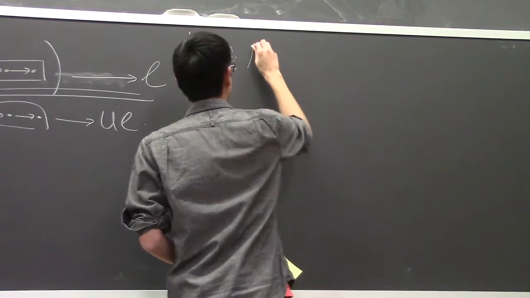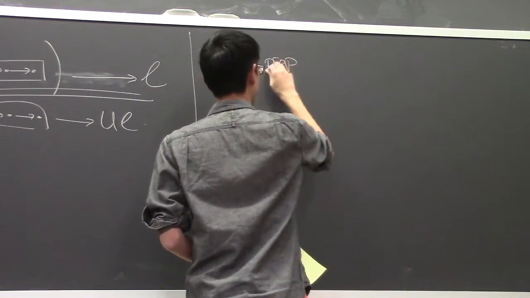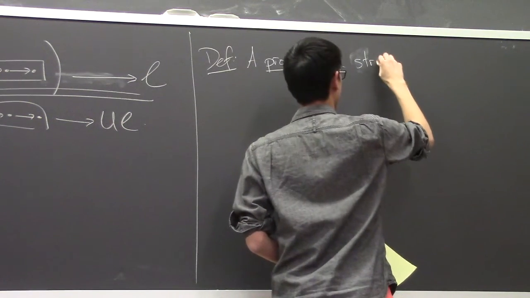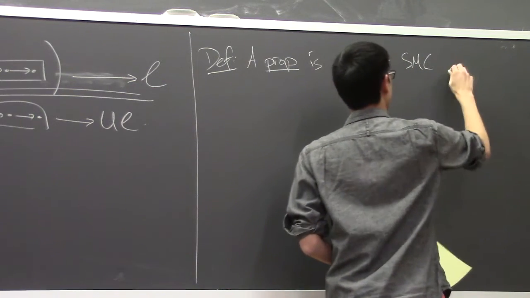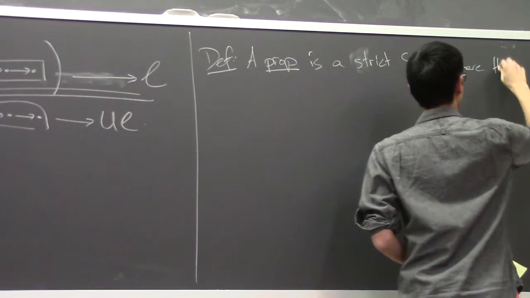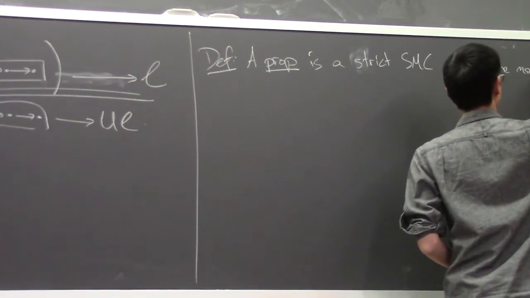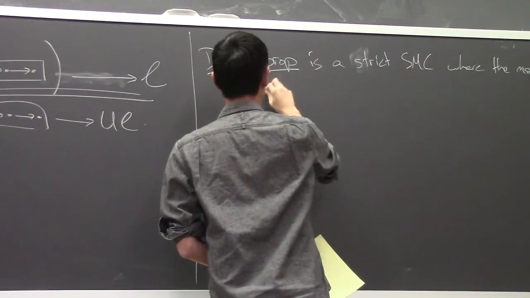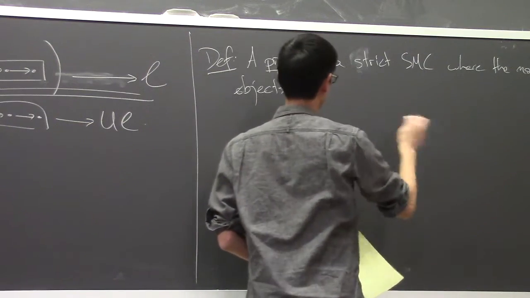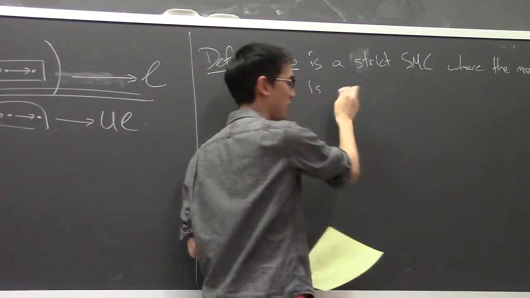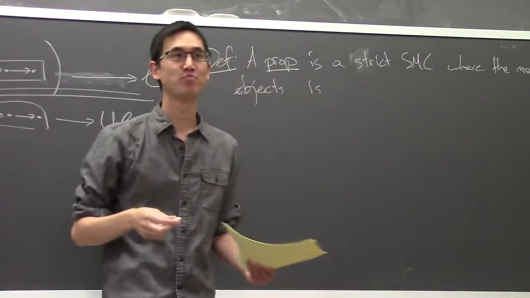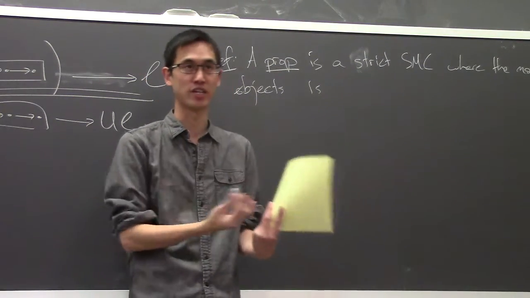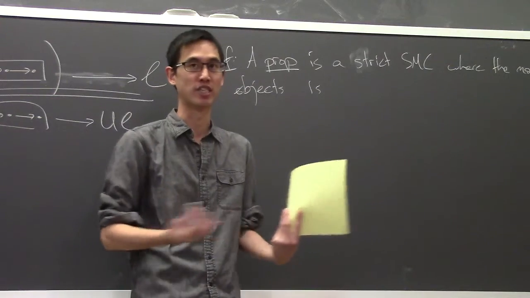So a prop, just to remind you, is a strict symmetric monoidal category where the monoid of objects is, one thing I could write here is free on one generator, and then there's a generalization, a more general notion of a colored prop where it's free on a set of colors, or a typed prop, or free on a set of types.